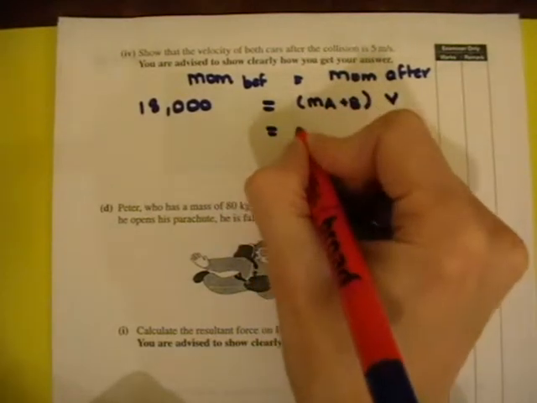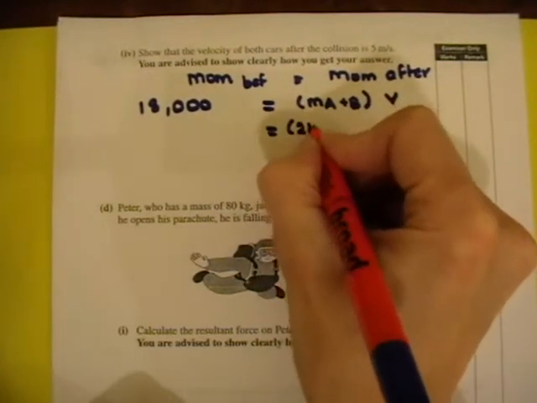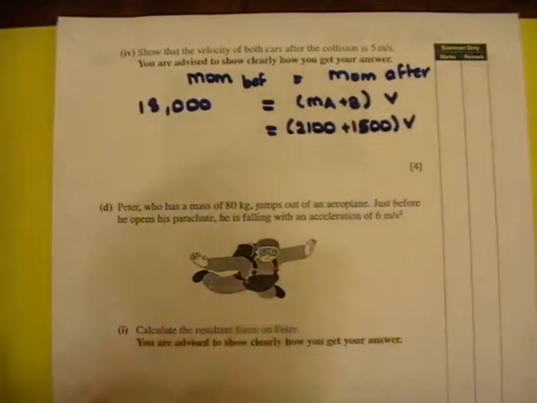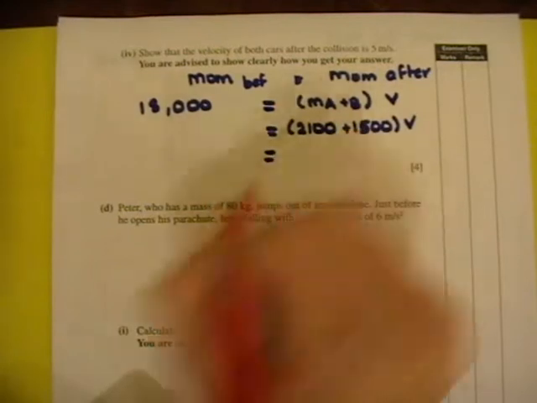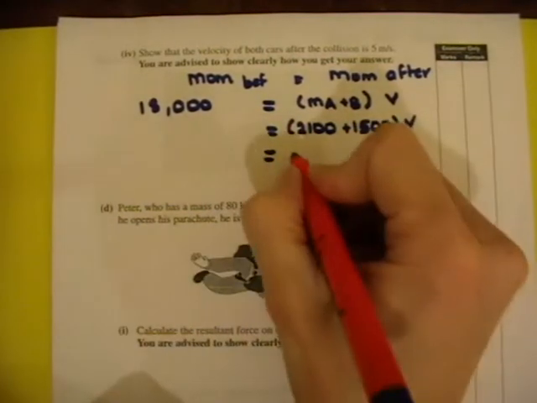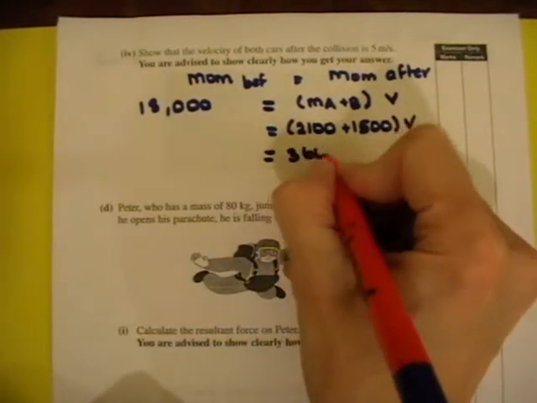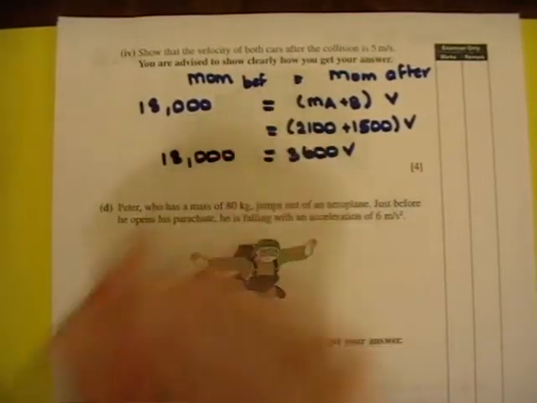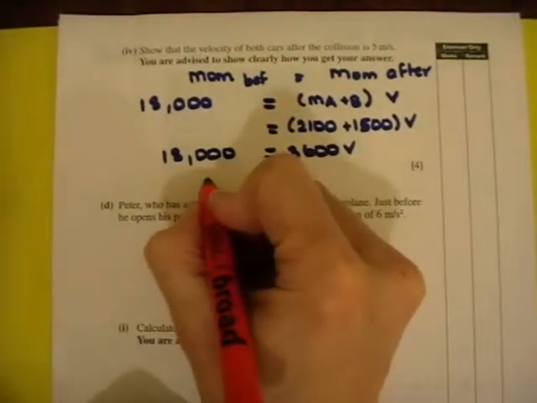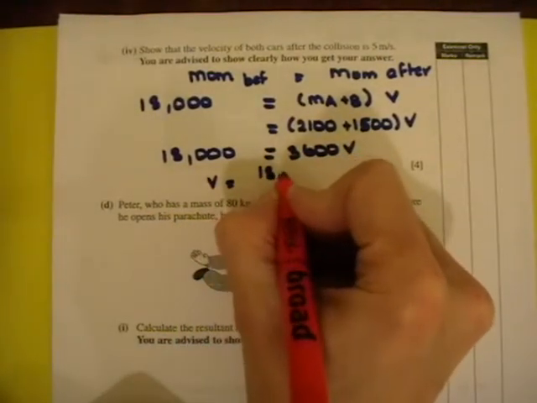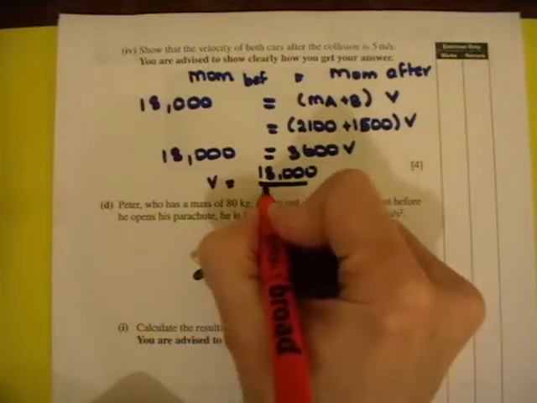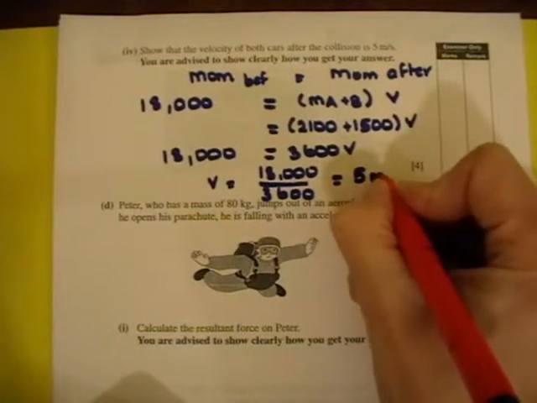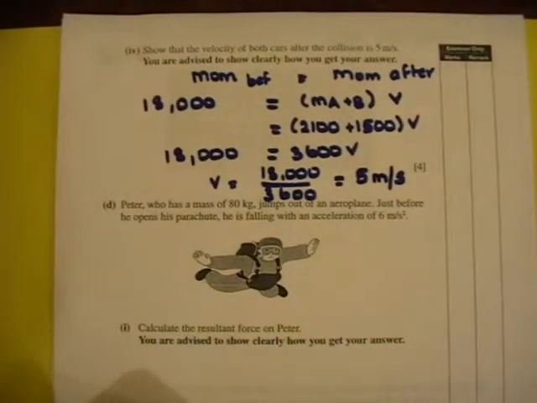So the mass of A plus B is 2,100 plus 1,500, which is 3,600, times V, which we're trying to find out. That is equal to 18,000. So to get your answer, all you have to do is divide 18,000 by 3,600, and that gives you an answer of 5. And we'll put in metres per second just to keep the unit correct.